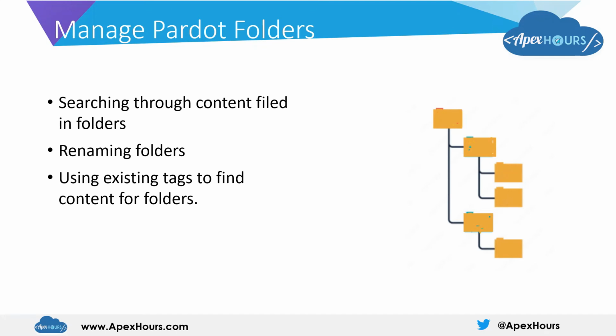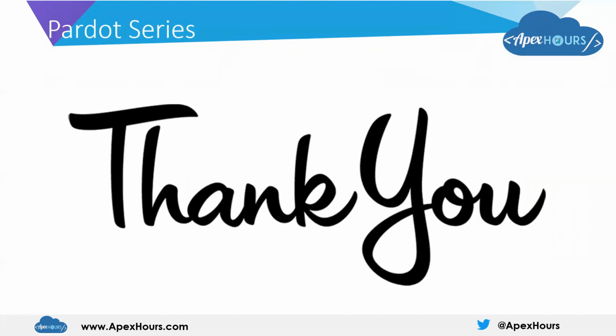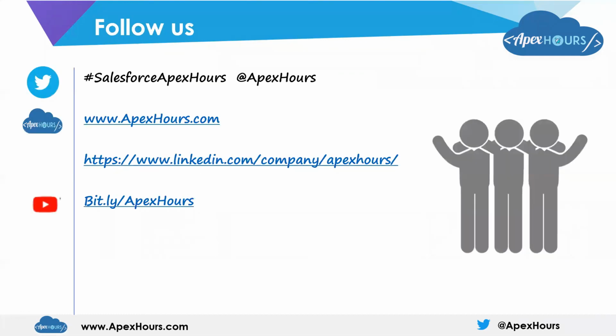Regarding managing folders, you can search through the content filed in folders. You can rename folders and use existing tags to find the contents in the folder. How to do that? Let's check it out.